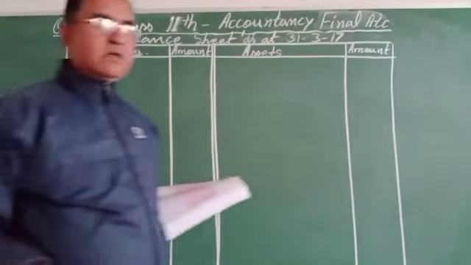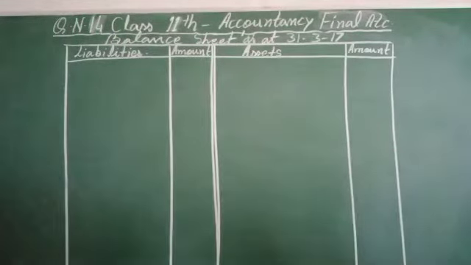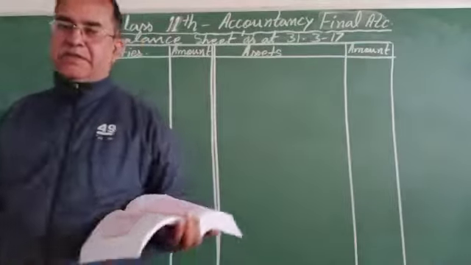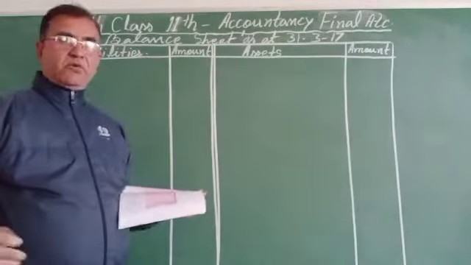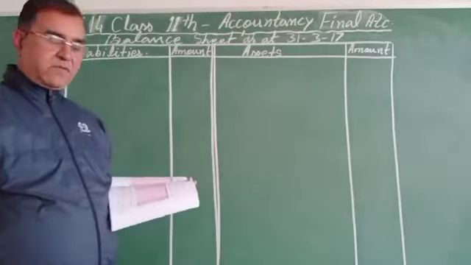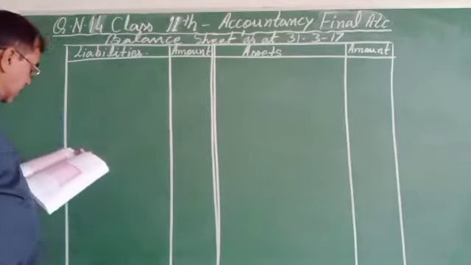Go through the information given in the textbook. With the help of the information given, you can record all the items in the liabilities and assets columns. First, we have to go through the liabilities column.